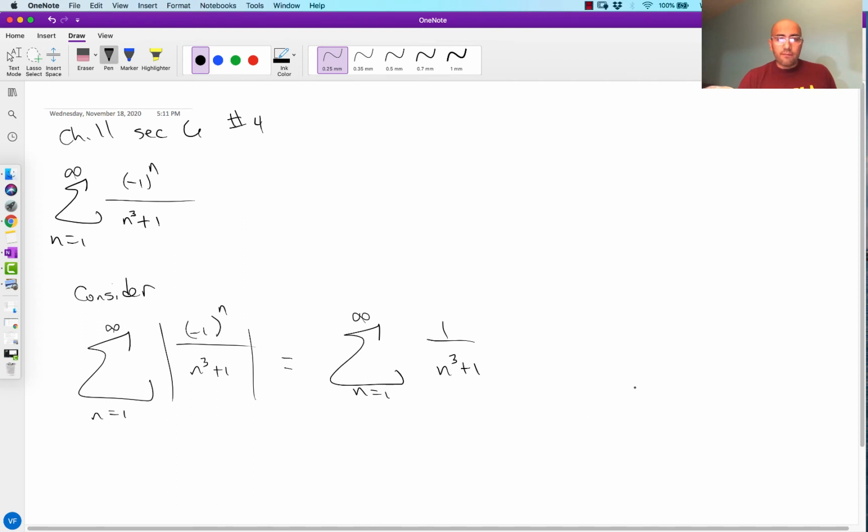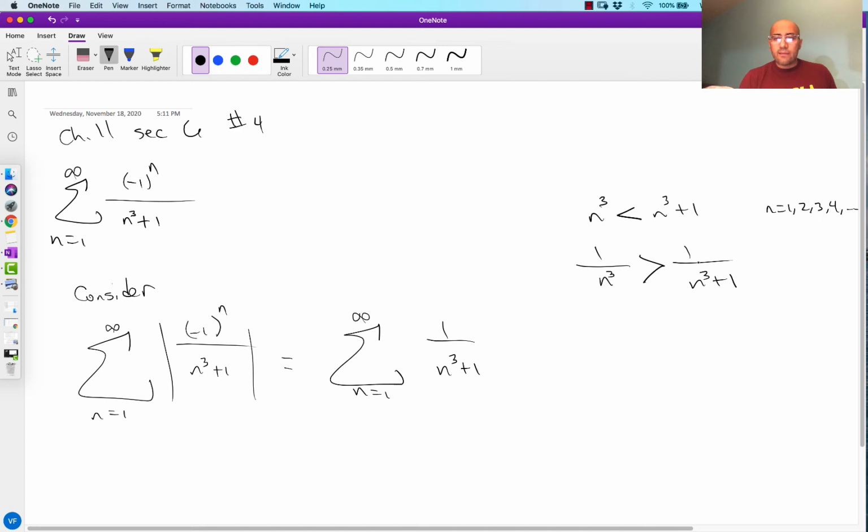So n cubed is always going to be less than n cubed plus 1, and this is for n equals 1 and 2 and 3 and 4 and so on. That's always true. And so if we flip it, 1 over n cubed, and then 1 over n cubed plus 1, then it goes in this direction, right?